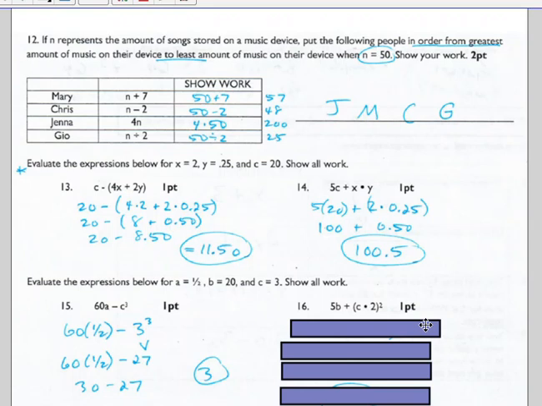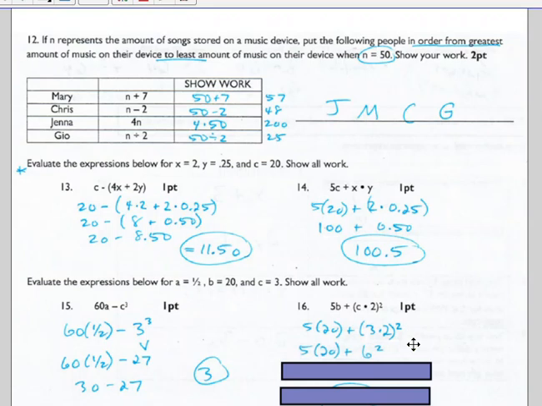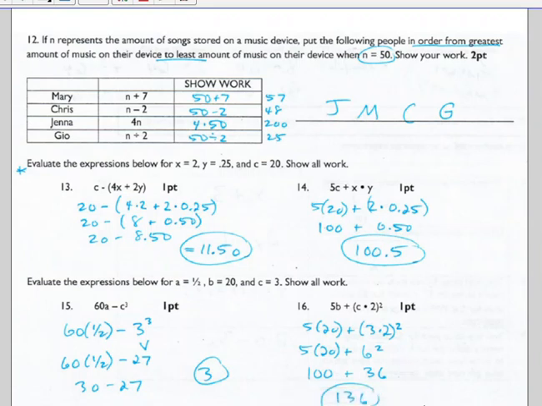In number 16, you were to just again substitute, and then start solving your problem. Keep in mind the exponent was outside the parentheses, so you got to do the 3 times 2 first, and then you'll square it. All right, so you end up with that, and then if we solve that, we get 100 plus 36, which gives us 136 in the end, okay?